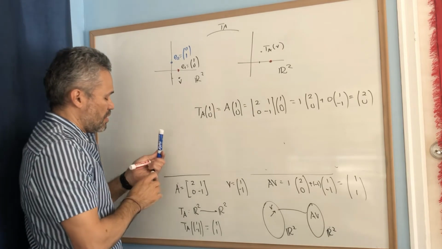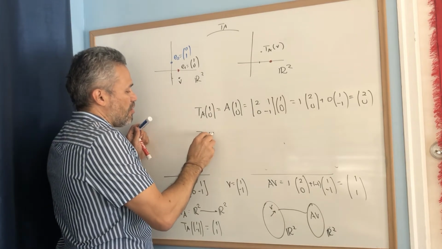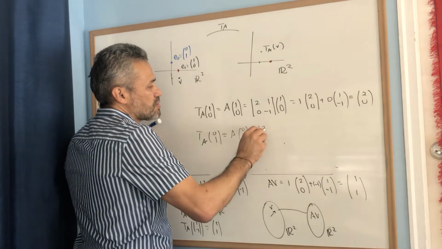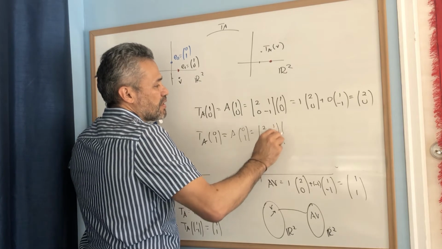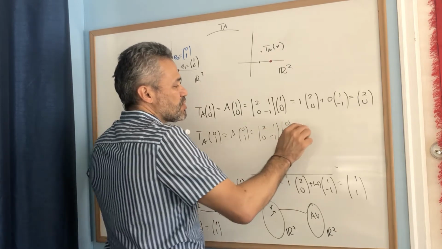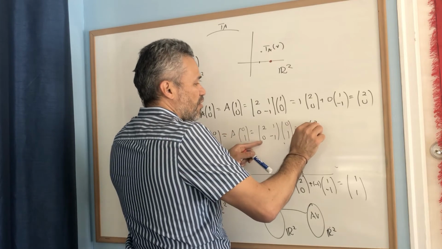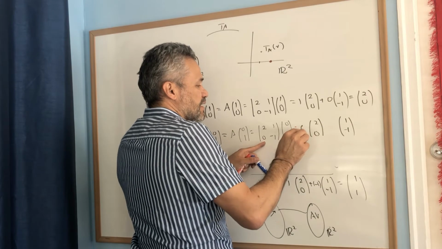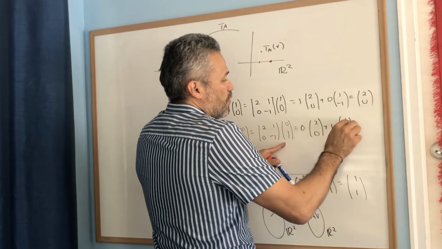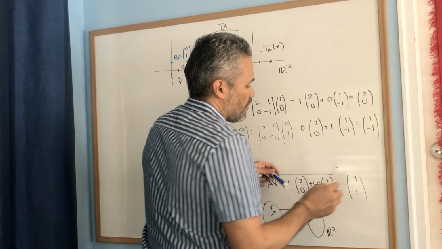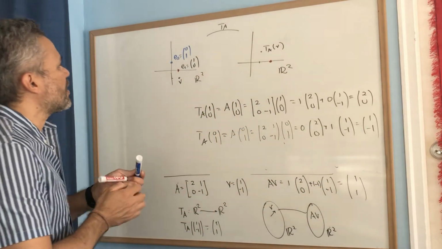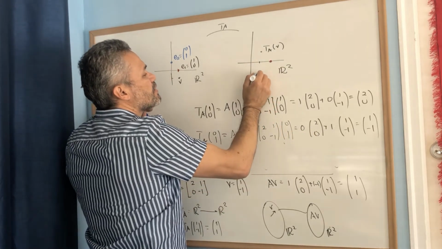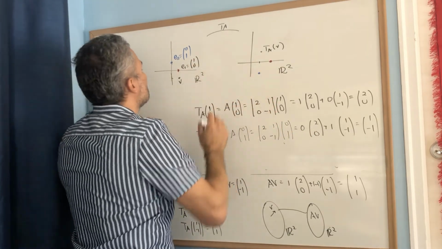When I do T of A of 0, 1, it would be A times 0, 1, which is 2, 1, 0, negative 1 times 0, 1. By definition, this is a linear combination of the columns of A. What do I use as weights? The numbers 0 and 1. Then I get 1, negative 1. Then this point will go to this point.